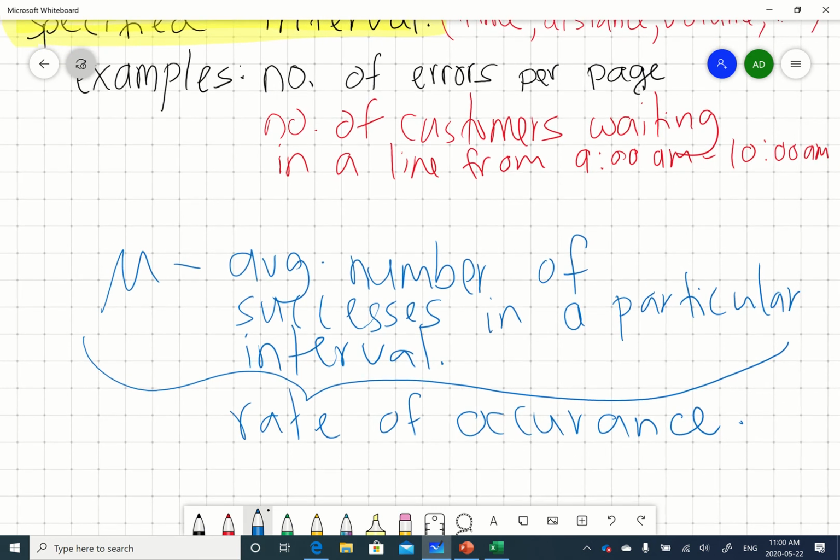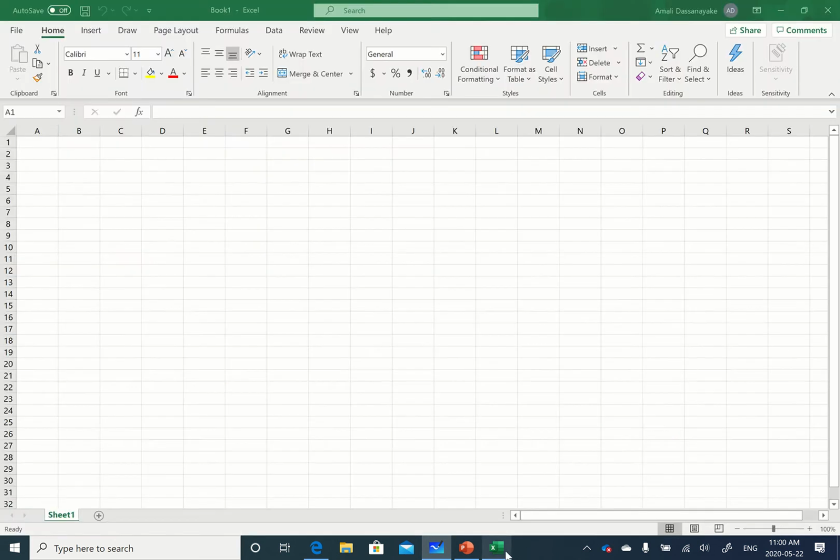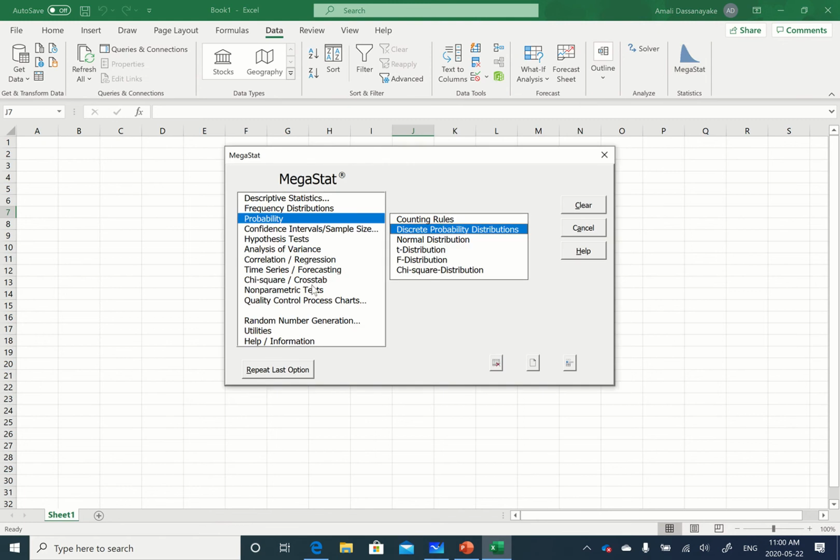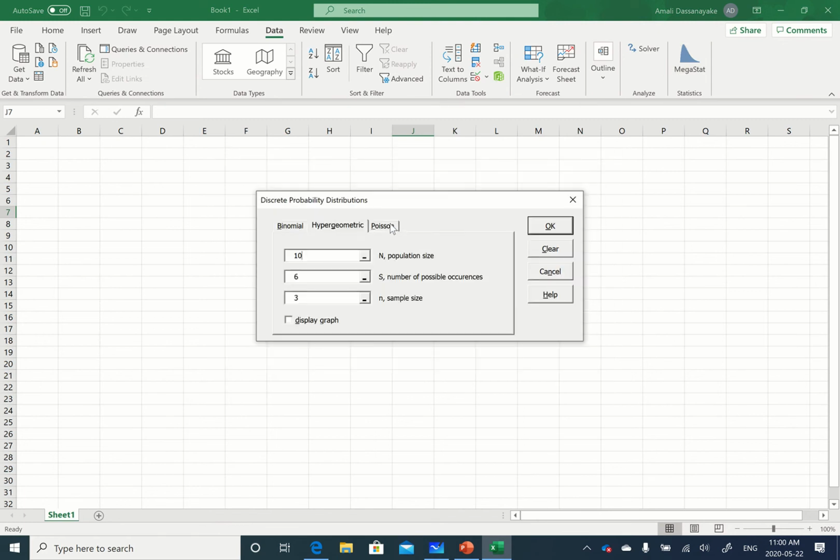Okay, so when you have that piece of information, it's very simple. You just go into Megastat and you apply the rate. So for Poisson, all you need is the mean rate of occurrence. And here it says maximum x value.